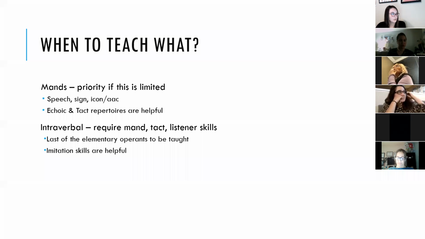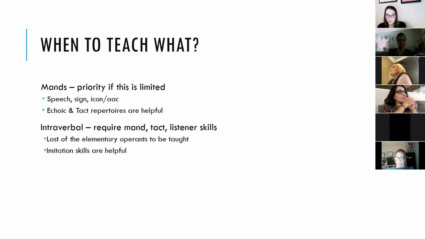So it's important to understand what levels they're at in each verbal operant. The VB-MAPP, I'll just name drop it one more time, does a really good job at evaluating the levels that each verbal operant is at. So there might be, they're good with tacting, but they're a little bit lower on echoics and really low with mands.